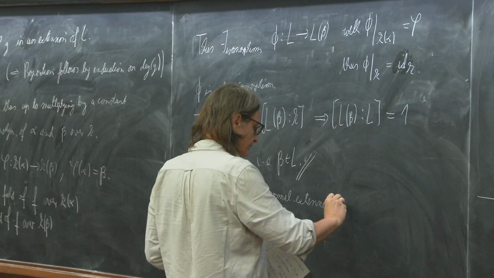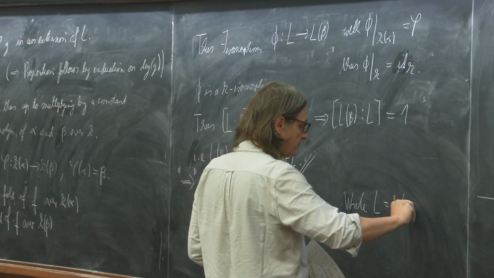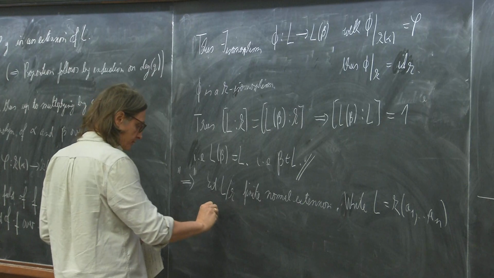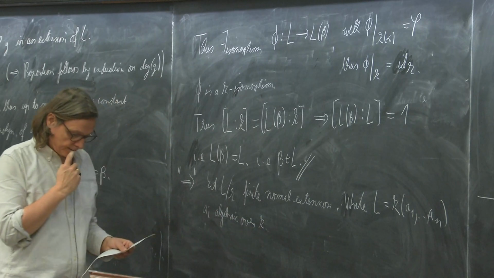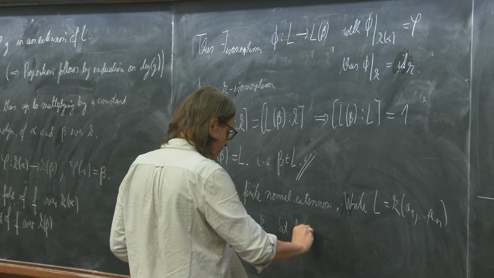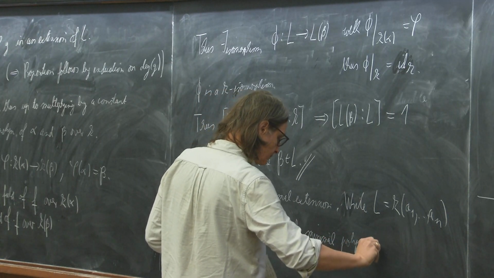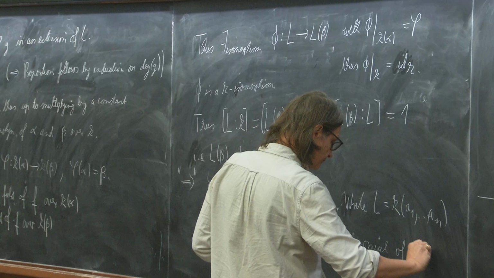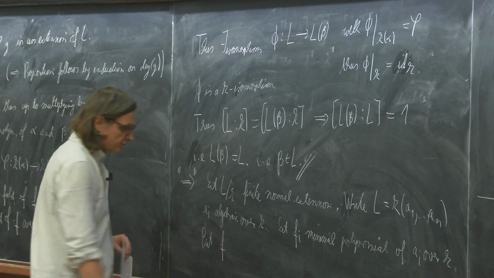So we can write L equal K(A1, ..., AN), where the Ai are algebraic over K. So let Fi be the minimal polynomial of Ai over K, and we put F to be the product of all the Fi.